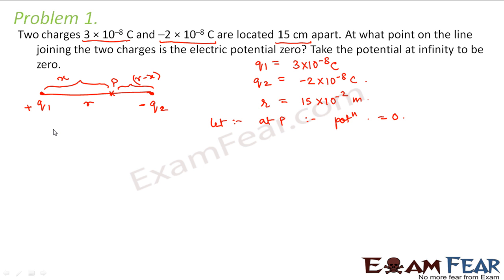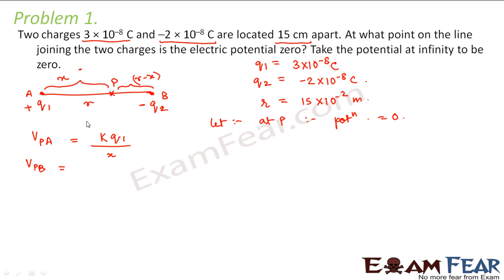Okay. So now let us calculate the net potential at point P. For that, first we will calculate the potential at P due to A, then we will calculate the potential at P due to B. So potential at P due to A will be K into plus Q1 divided by the distance of point P from this point A. So what is that? That is x.